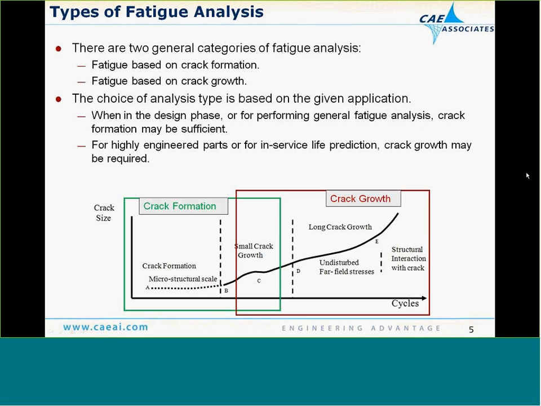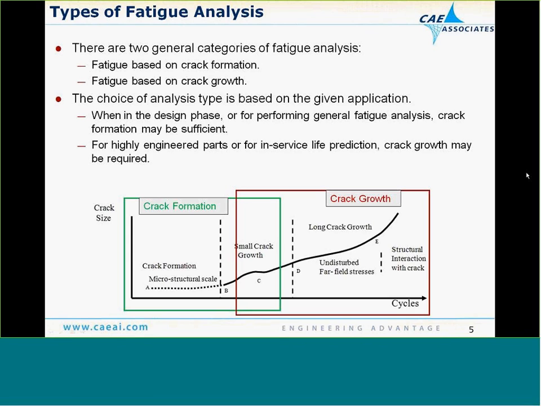As far as performing fatigue analysis, there's typically two basic methods of doing that. The first is we don't really consider the crack itself. We just use SN data, and we basically look to see what cyclic load will cause failure based on some SN data that we've provided, and then at that point we say that we've predicted the life, and that is really called crack formation.